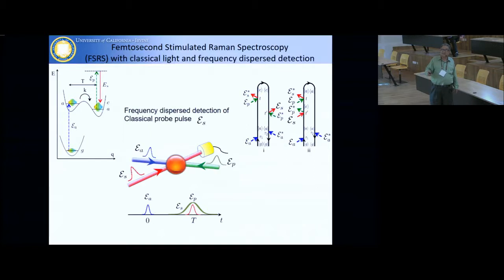This is our model system. So you come with the excitation pulse, called the actinic pulse, and then you come with the two pulses, the narrowband and the broadband, and then you detect the broadband. This is how you do the experiment with classical light.